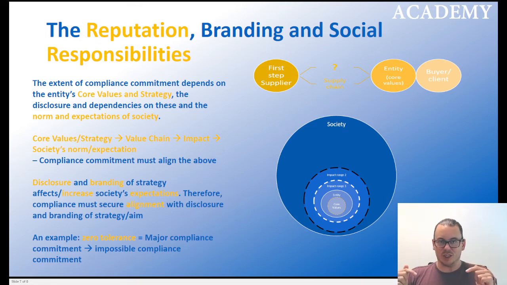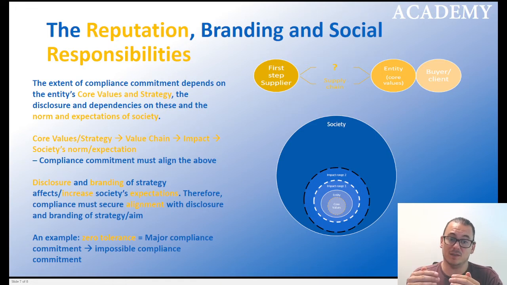So you put in your strategy, okay, my core aim is not just to fight corruption, it is zero tolerance against corruption. That's how I'm gonna address this. Then you put your compliance commitments through the roof, because you need to secure zero corruption. Anyone working in the world will know that nothing is zero. You don't have a risk that is equal to zero. So this is an impossible compliance commitment.